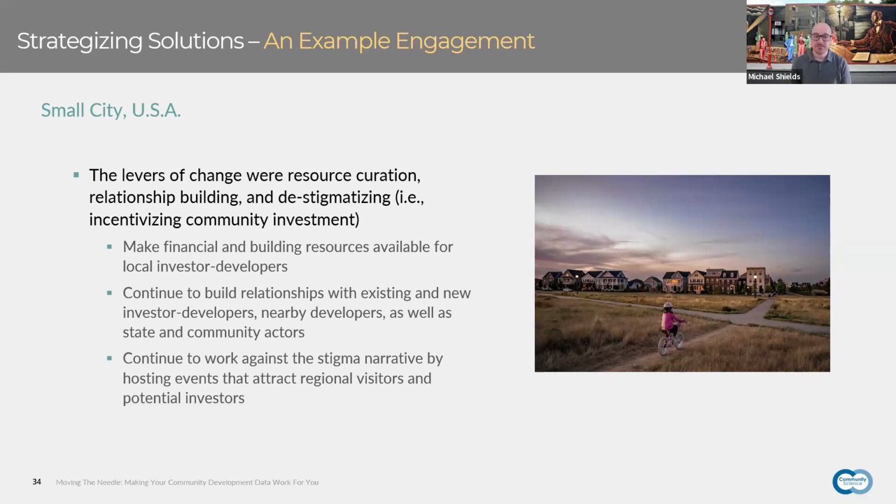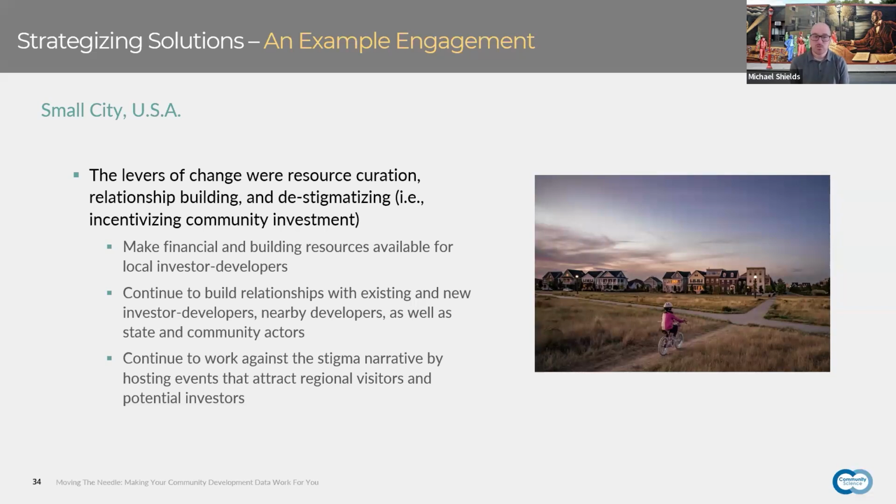We told them to continue to build those relationships within the community, and also think about others outside the community as well: nearby local developers doing major projects in other towns, as well as some state and community actors, since there were some development policies in place that were a little unfavorable for the work they were trying to do. We said, you need to build those contacts and build some coalitions for what the community needs and wants.